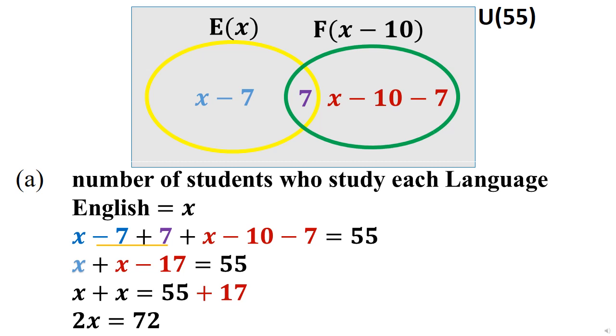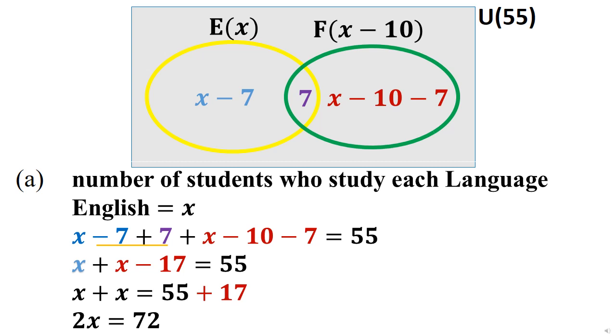So we have x minus 7 plus 7 is nothing. After this minus 7 plus 7, we have plus x. So we have x plus x. After this plus x, we have minus 10 minus 7. And minus 10 minus 7 is equal to minus 17.